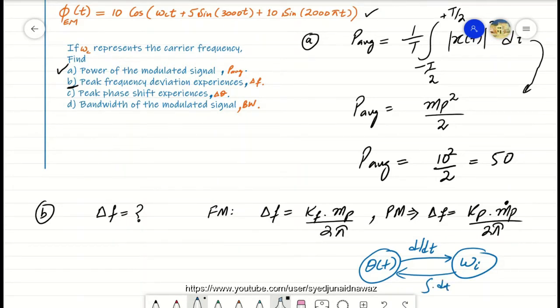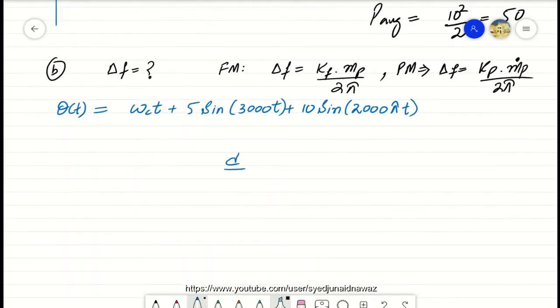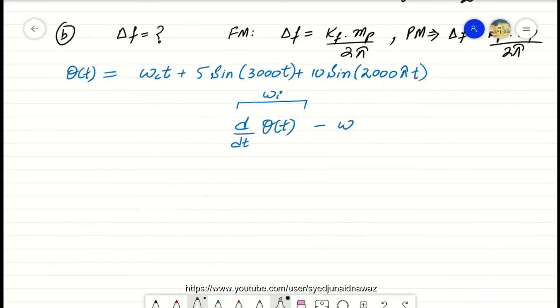So for this signal, the instantaneous phase is equal to this part which is being represented in this equation here. If we take the derivative of the instantaneous phase that was represented by theta of t, we can obtain the instantaneous frequency. While if we subtract the central frequency from the instantaneous frequency, that is the carrier frequency omega c, we can obtain the shifts being experienced in the frequency.